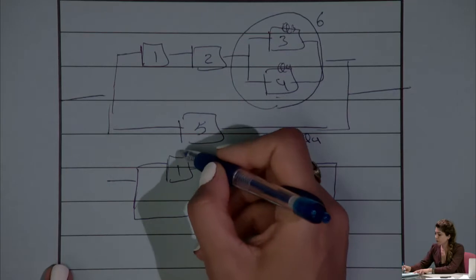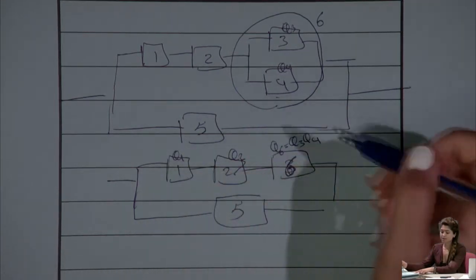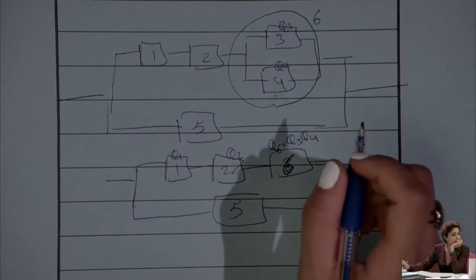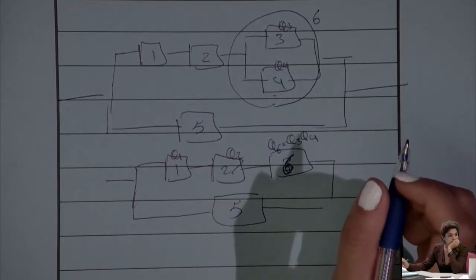Now, if I have the probability of failure of 1 and 2, what is the probability that the whole system here fails? Q2 into Q3.